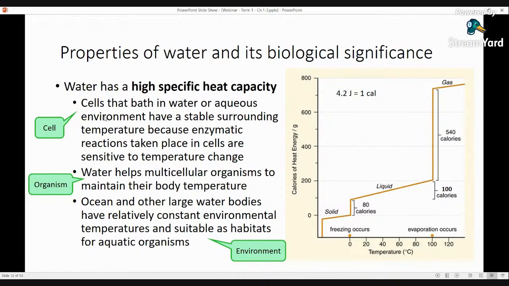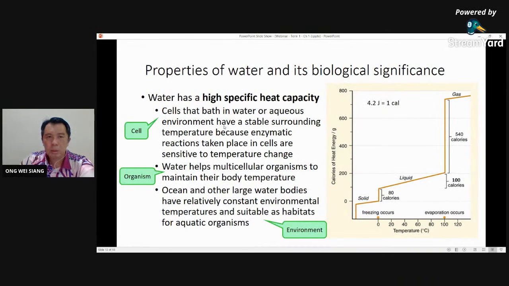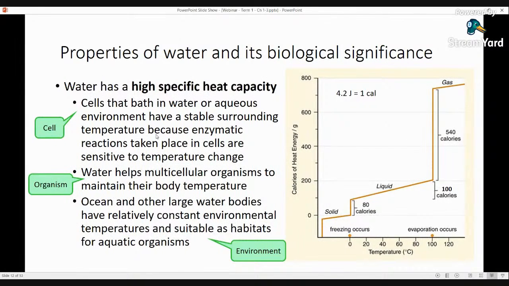As for the biological significance, cells that bathe in water or an aqueous environment have a stable surrounding temperature. A stable surrounding temperature is important because the enzymatic reactions that take place in cells are sensitive to temperature change. In terms of organisms, water helps multicellular organisms to maintain their body temperature, so this is for homeostasis.